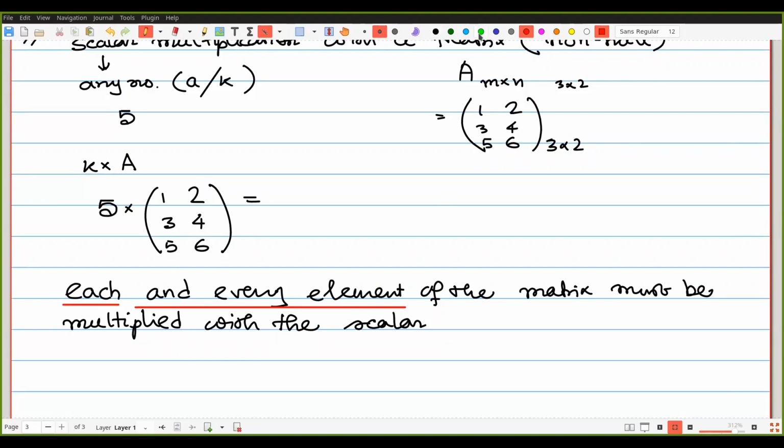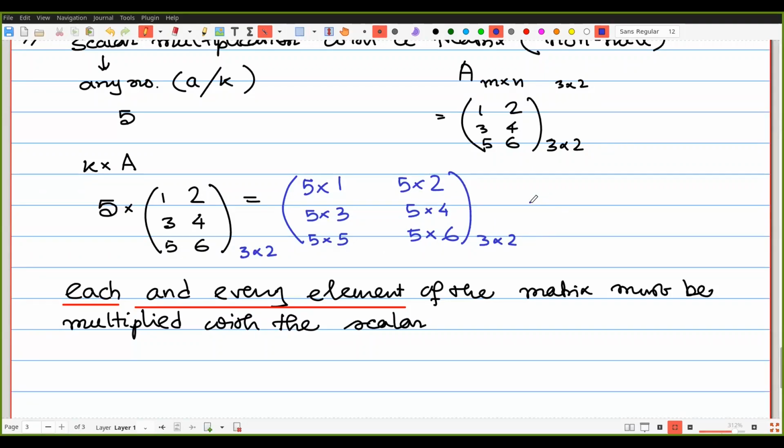So what is going on here? Just check. 5 cross 1, 5 cross 2, 5 cross 3, 5 cross 4, 5 cross 5, 5 cross 6. Obviously, the order must be the same. So as usual, 5, 10, 15, 20, 25, 30. That is called the matrix multiplication with a scalar.